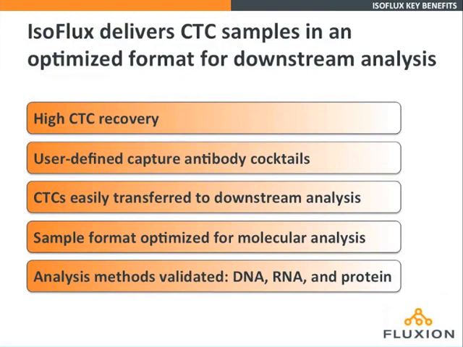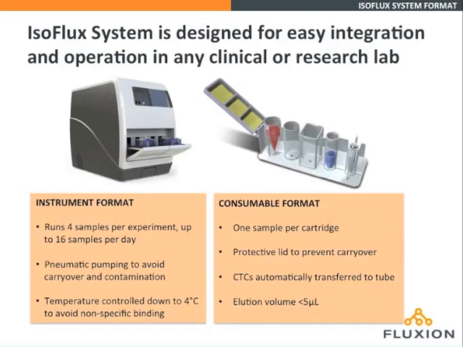Therefore, the user can add their own capture antibodies. We also provide a standard EpCAM conjugated bead. The sample format for downstream transfer was also an important feature of the system, and we really focused on having a low volume, highly concentrated sample that can be validated as a starting point for DNA, RNA, and protein analysis.